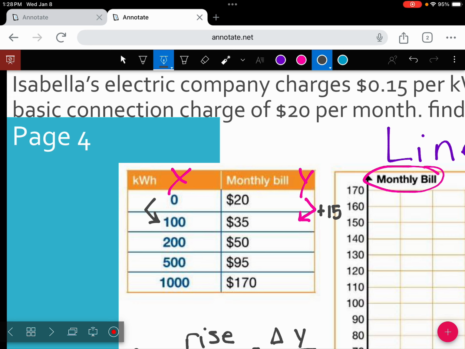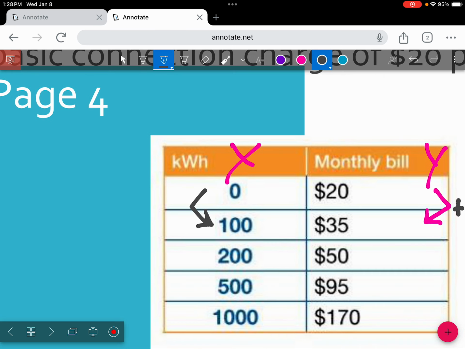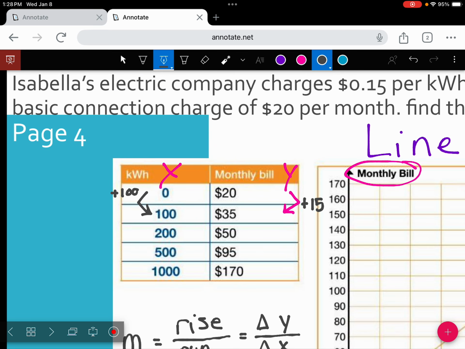How did we get on that same step? Take it from 0 to 100. We went up 100, right? We added 100. So I've got my change in y's and my change in x's.